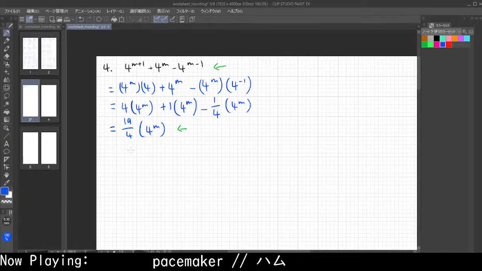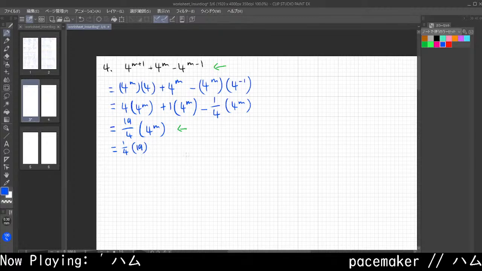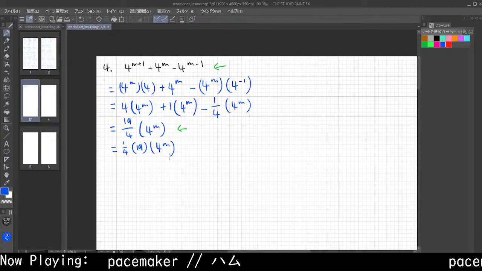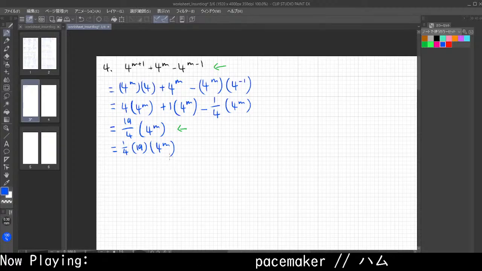If I explicitly bring the 19 down, it's supposed to be multiplying with the 1 over 4, but I just separate it out so it's easier to see. So you see the entire thing is a number multiplied by 19 multiplied by 4 to the m, which is basically your main unknown. But it's also a constant.